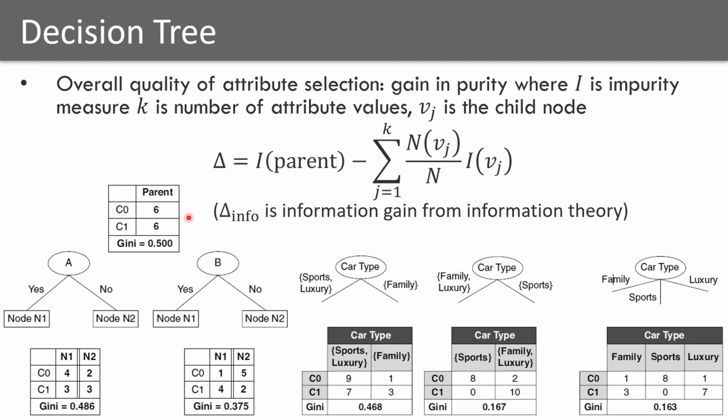Here we have a situation where C0 is represented by 6 records, C1 is represented by 6 records, and now in the case of A, we are separating into node N1, where we have 4 elements of class 0 and 3 elements of class 1.